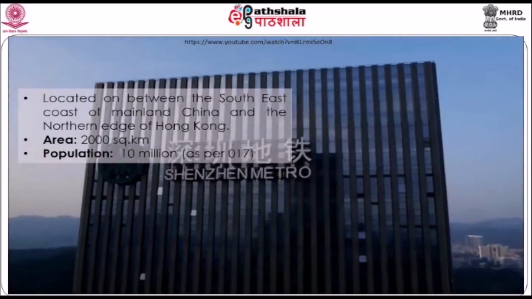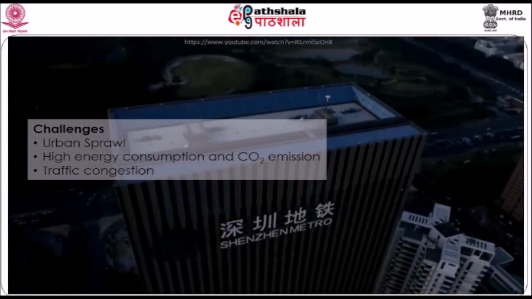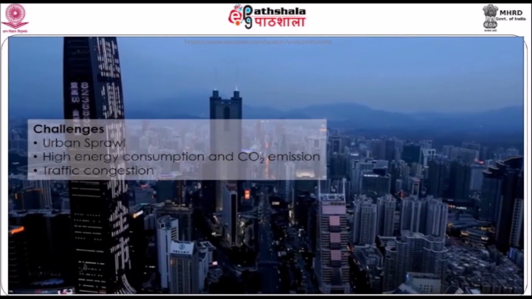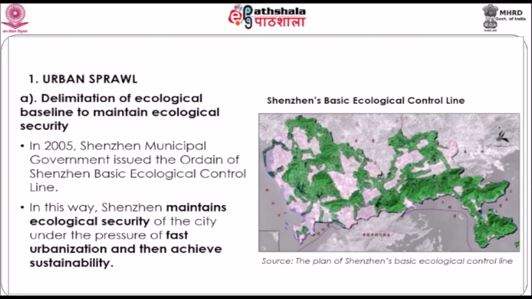The main challenges were urban sprawl, high energy consumption and carbon dioxide emission, and traffic congestion. Shenzhen's urban sprawl was overcome by delimiting an ecological baseline to maintain ecological security. And you can see from this drawing the basic ecological control line of Shenzhen.